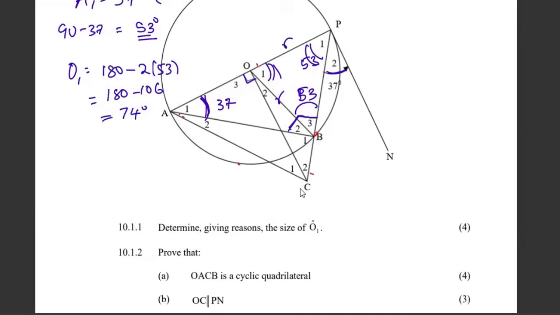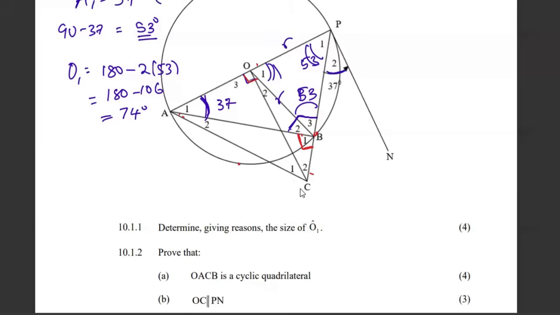So what we need to do, we need to prove if this is a 90, if we can find B1 to be a 90, okay, then this shape will be a cyclic quadrilateral. That is what I'm thinking. Yeah, there we have it.